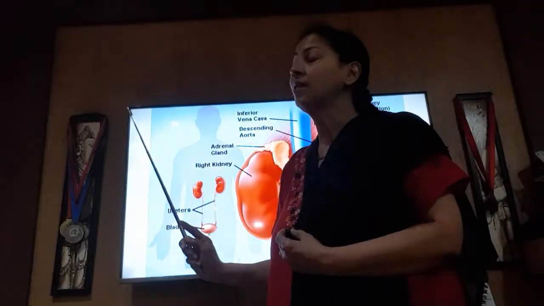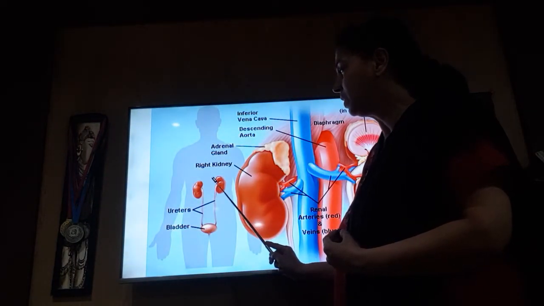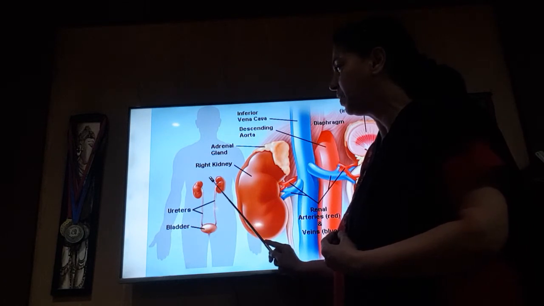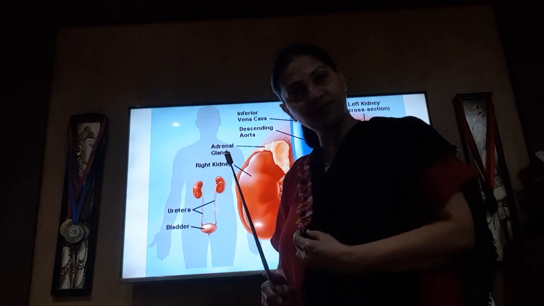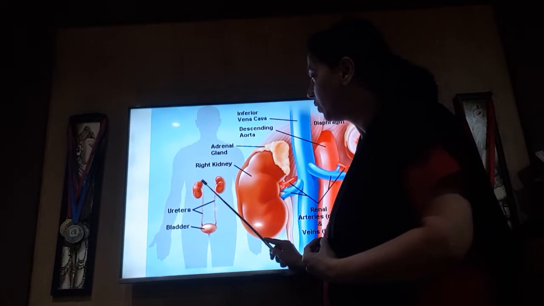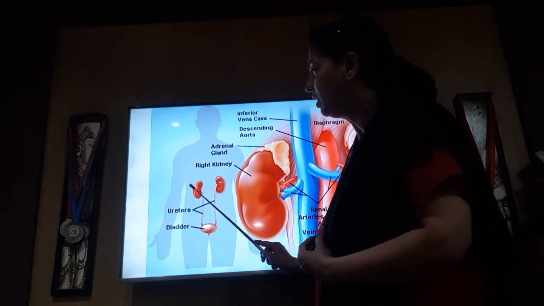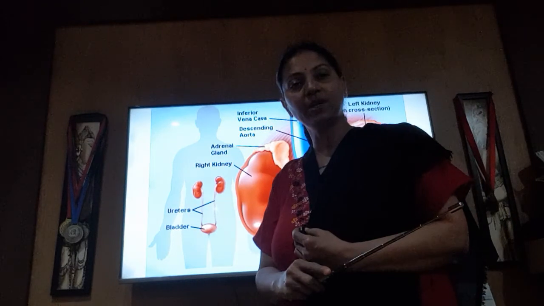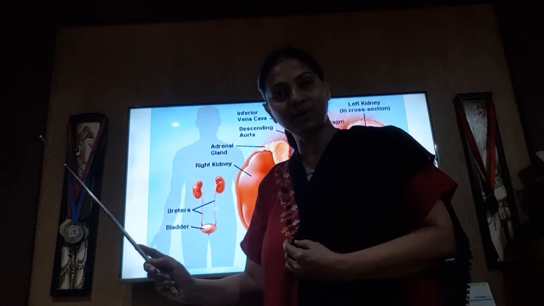Okay? So that is why, because the upper poles are near to each other, they come in epigastrium. So the kidney is occupying epigastrium. Then I have told you this right kidney is pushed downwards because of the liver. And where was the liver present? In the right hypochondriac region, the right lobe, isn't it?